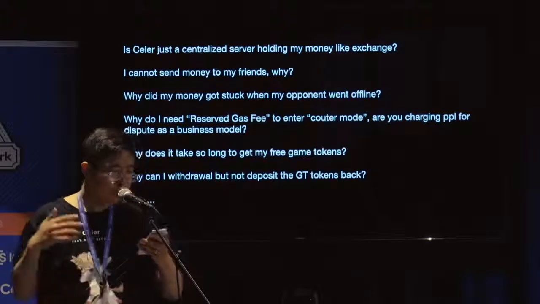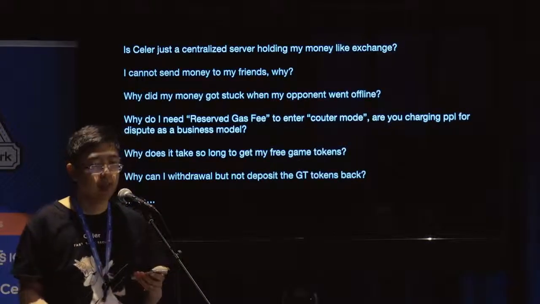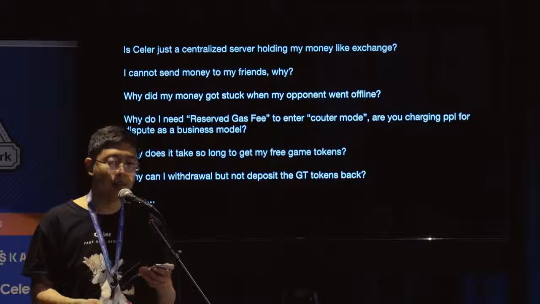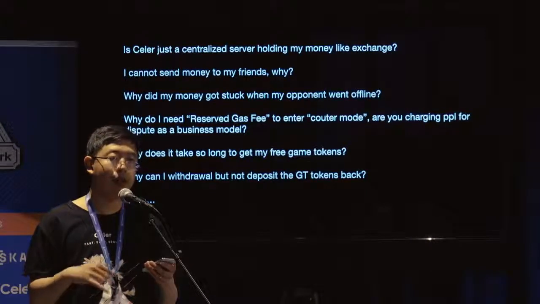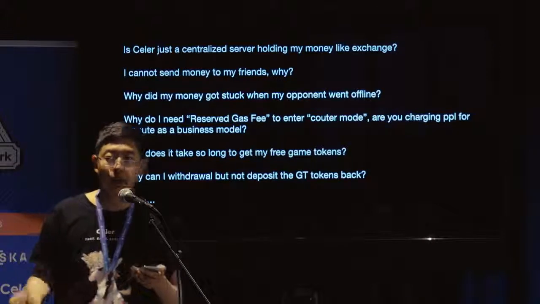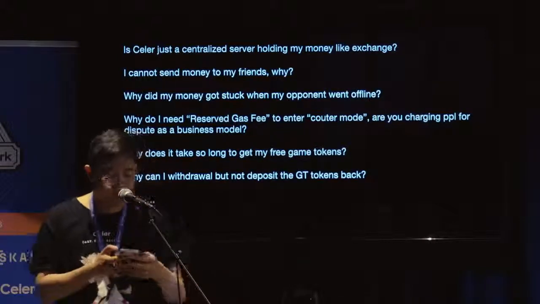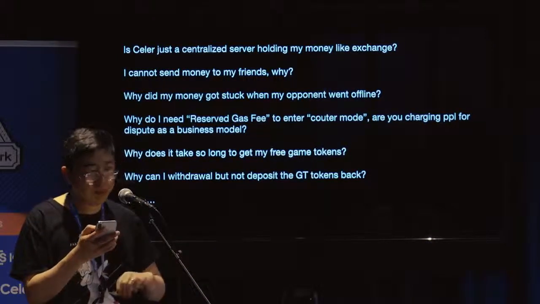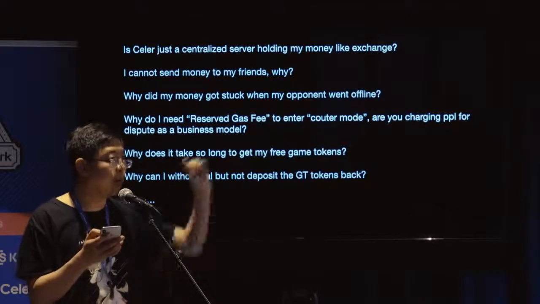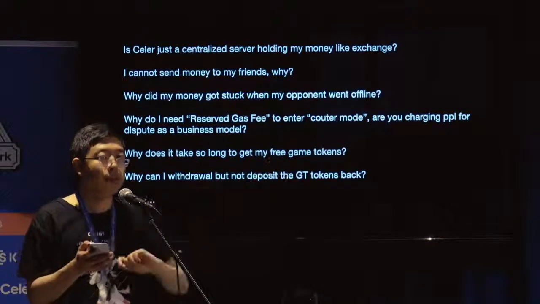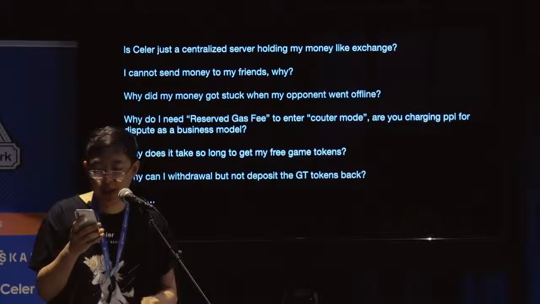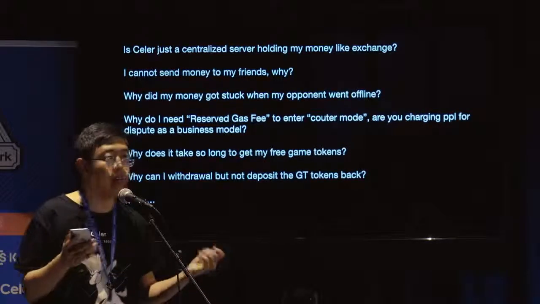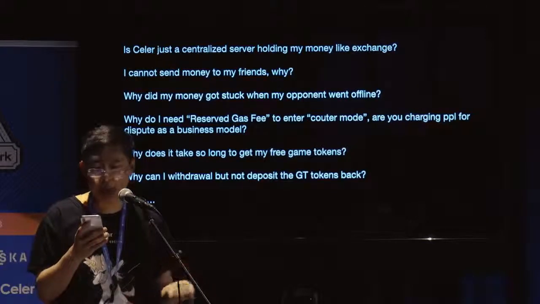But during the settlement process, their money, the initial deposit or fund assigned to the game, is stuck in between. And many of the questions we got are like, why is my money stuck while my opponent actually went offline? Because I started the on-chain challenge, but it didn't actually get through. Basically, I'm waiting for that timeout.